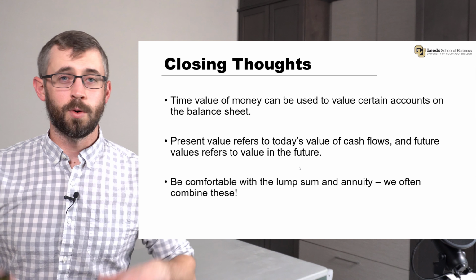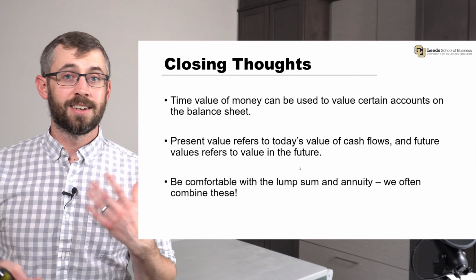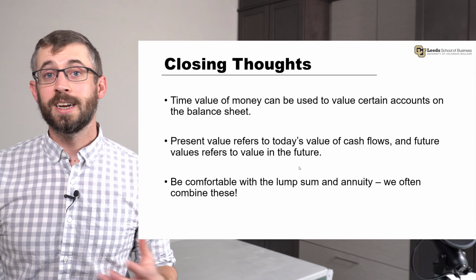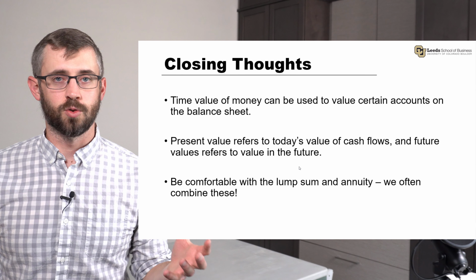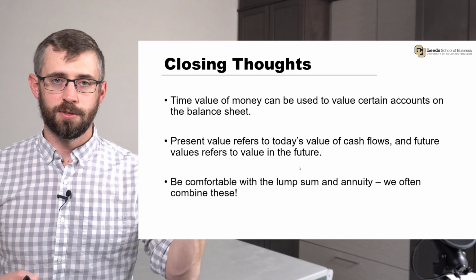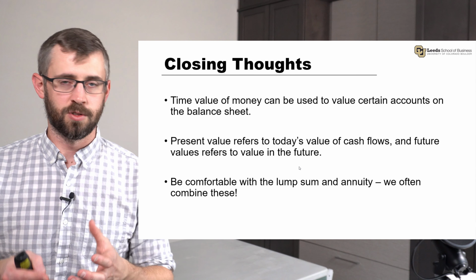We want to be comfortable with both lump sums and annuities. They have different formulas, but when we get to notes receivable and bonds or our long-term debt, we're going to combine these things into one calculation. We're going to have notes and bonds that have both lump sums and annuity payments along the way, so we're going to have to deal with both of these together.